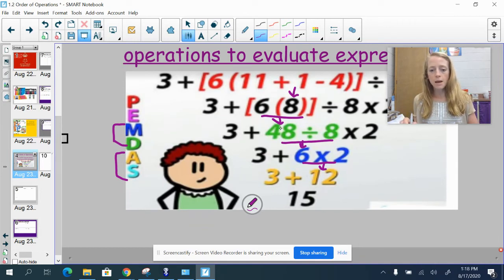Don't be tempted to add in the 3 at the beginning because it's the first one on the left. Order of operations is not always like reading a book. You do parentheses first, exponents, and then you know the rest.